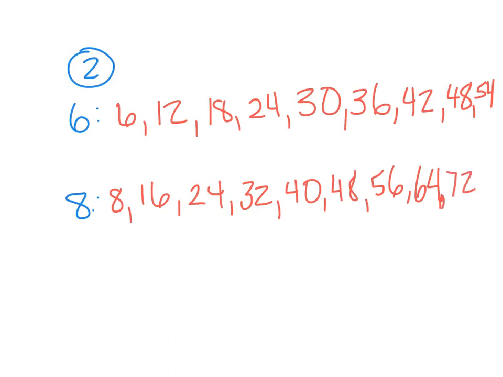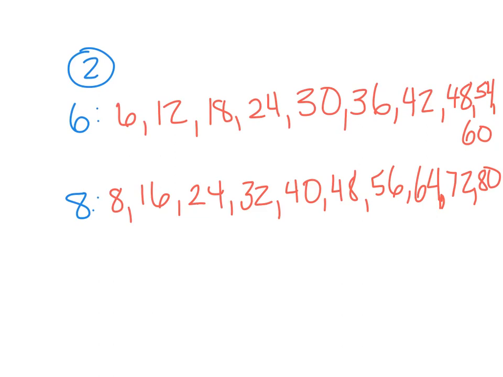And 8 times 10 would be 80. Did I do 10 on the top? 1, 2, 3, 4, 5, 6, 7, 8, 9. Oh, I missed one. 6 times 10, 60.